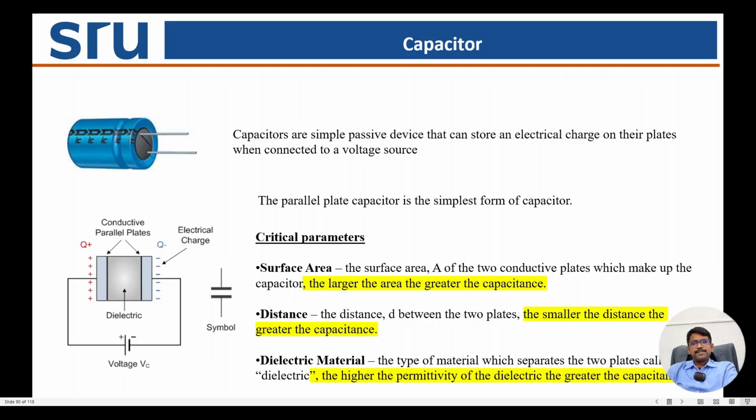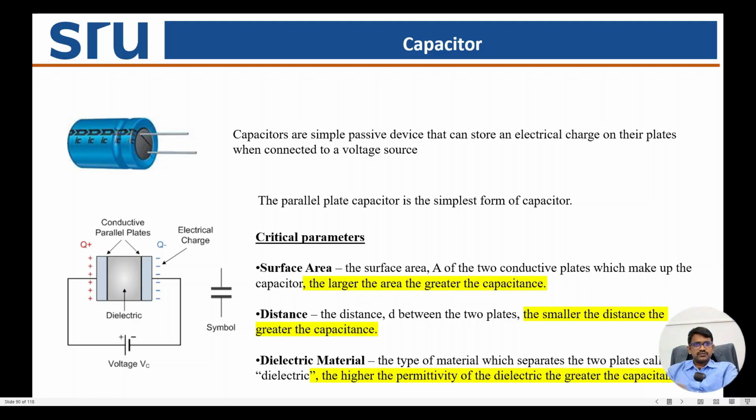So the capacitance of a parallel plate capacitor depends on three things, because this is the basic element. These fundamentals we can take further to higher devices like supercapacitors and batteries. That's why this information is crucial.